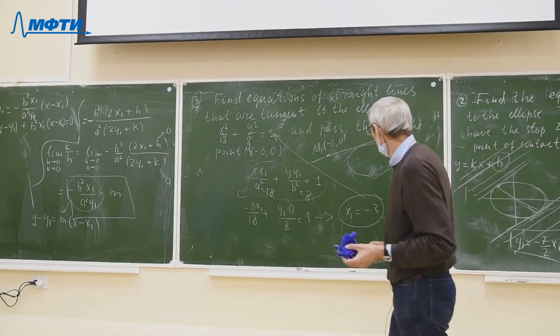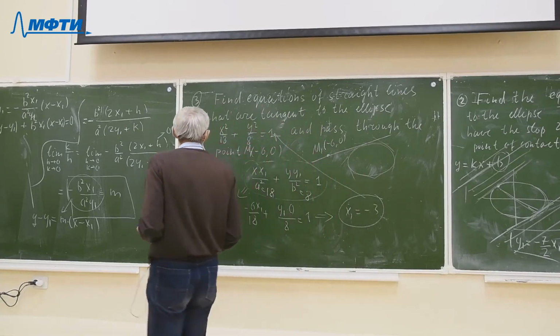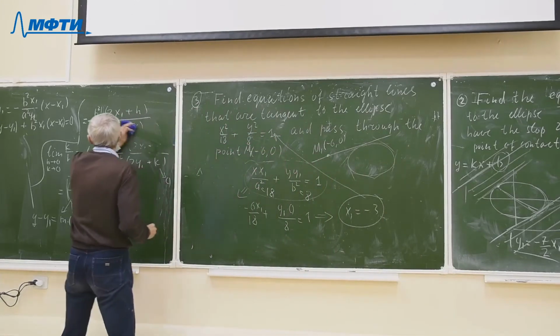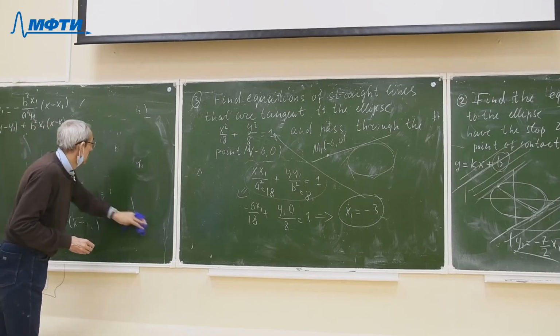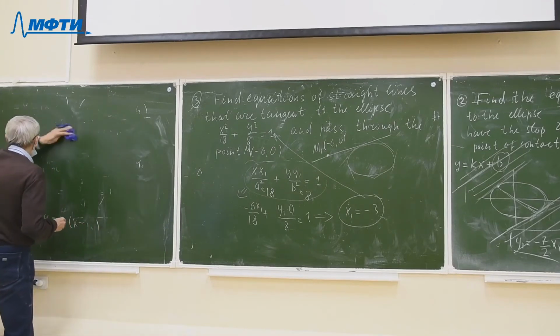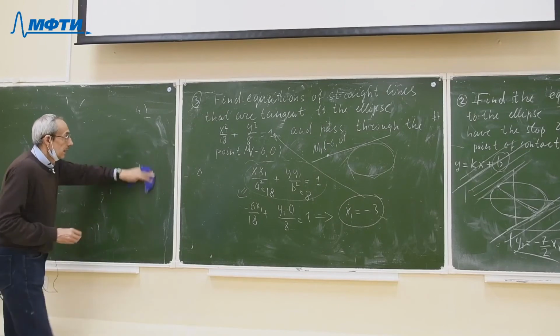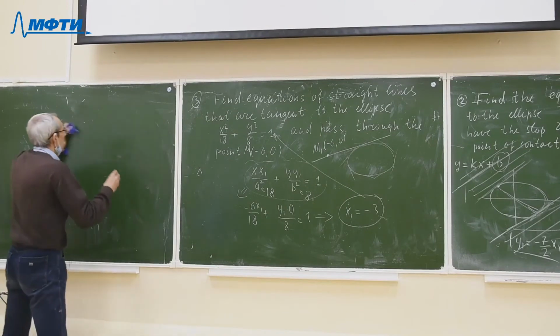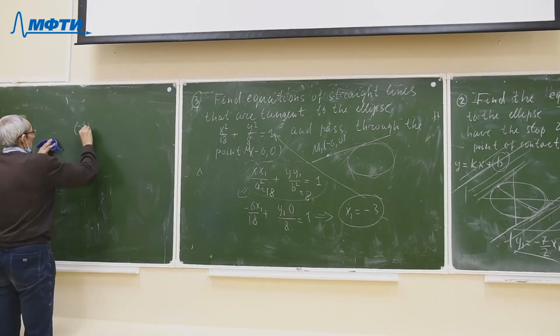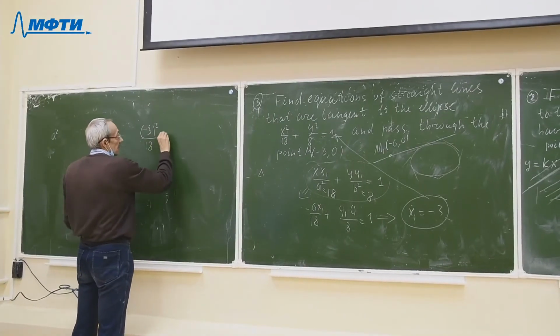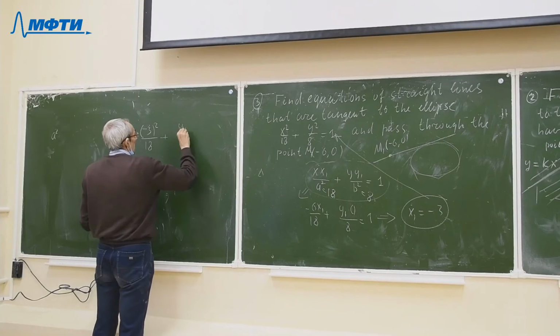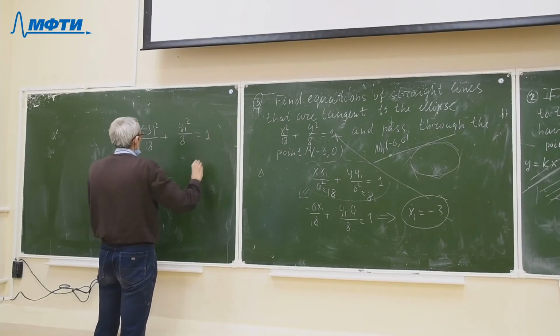After substitution, we obtain the following equality: (-3) square divided by 18 plus y1 square divided by 8 is equal to 1.